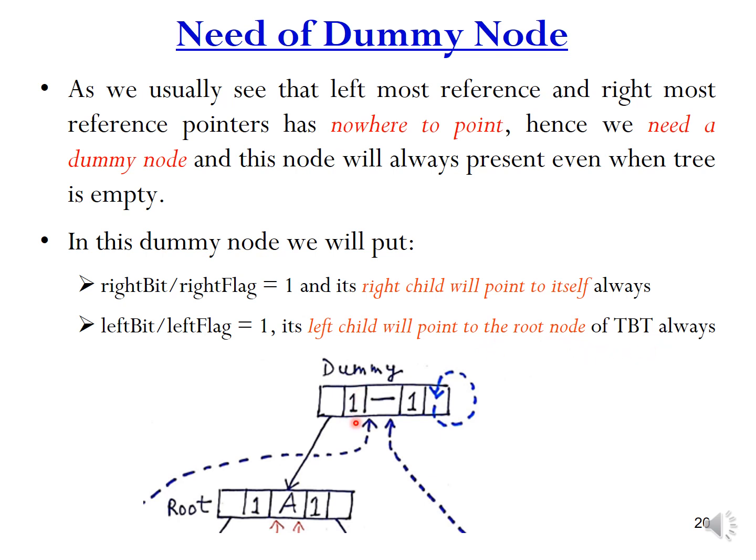Like this is 1, it means it will have a child, and the child of this dummy node will be the root of the threaded binary tree. Like in this figure we can see the left child is the root of the tree. This is node A, which we have taken from the previous binary tree. So in this way we can see why we need the dummy node. The dummy node plays a very important role.